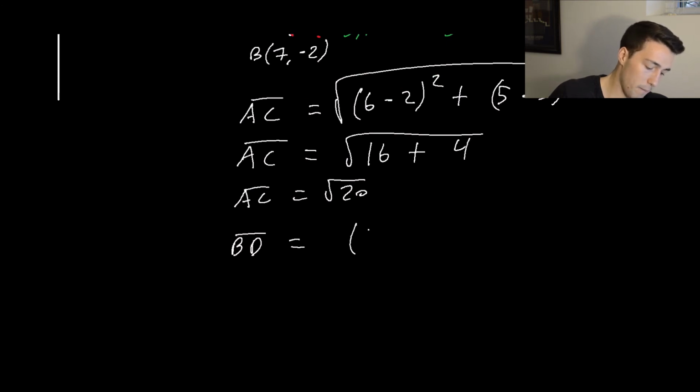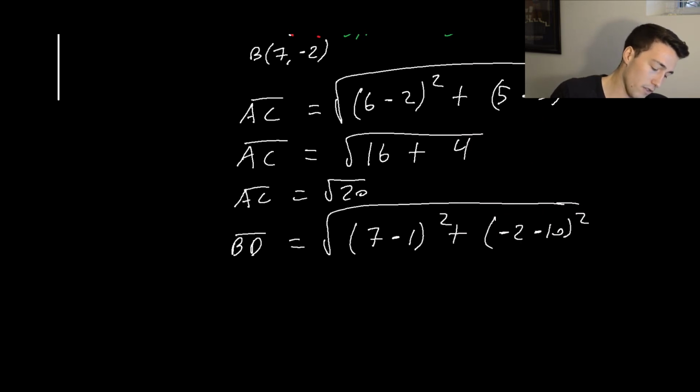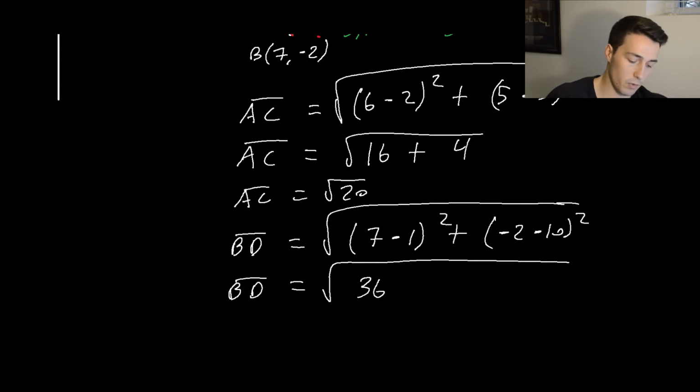So it's going to be 7 minus 1 squared, plus negative 2 minus 10 squared. 7 minus 1 is 6, and 6 squared is 36. Plus, it's going to be negative 12 over here, and that squared is 144. So the length of BD is going to equal the square root of 36 plus 144, which is the square root of 180.